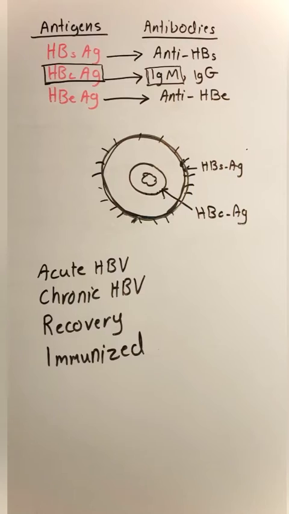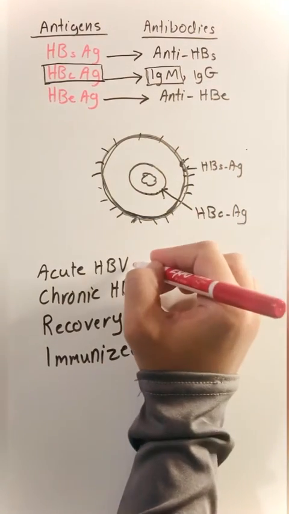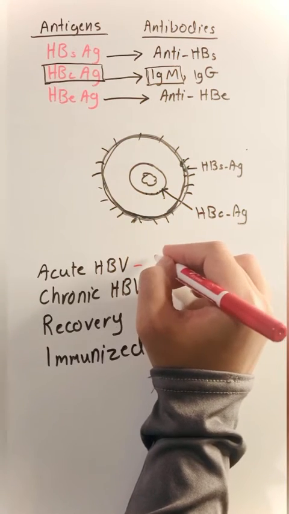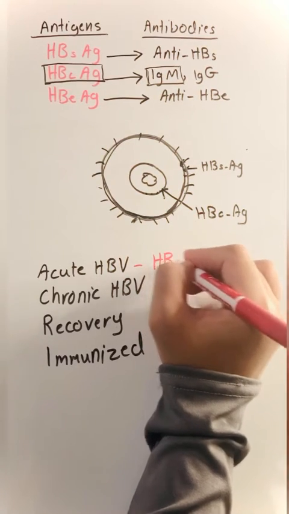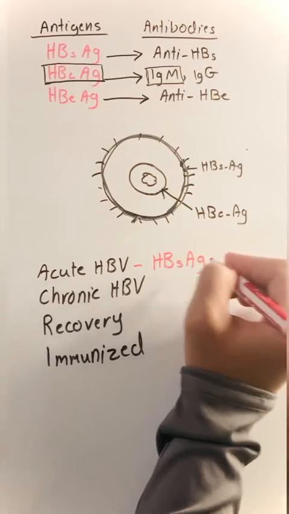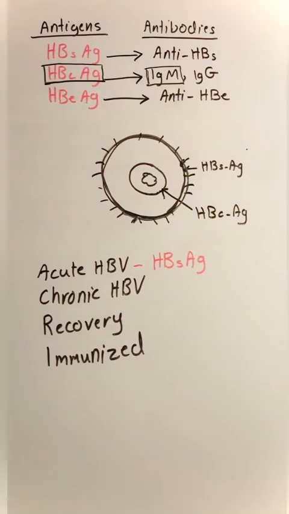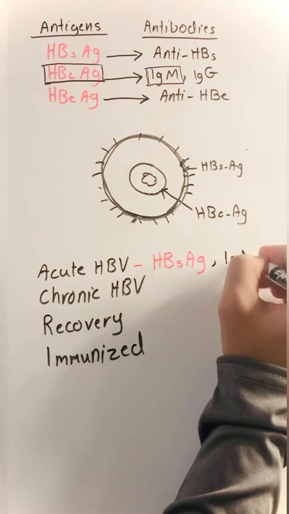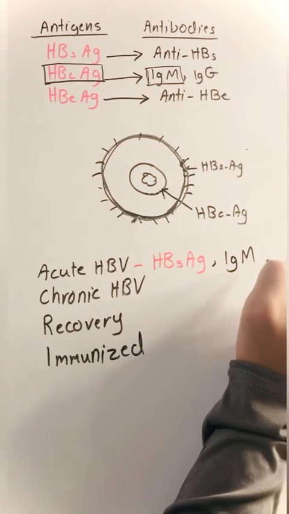So for the acute infection, we will find the surface antigens in the serology. And for the antibodies, we will find the IgM anti-core antibodies.